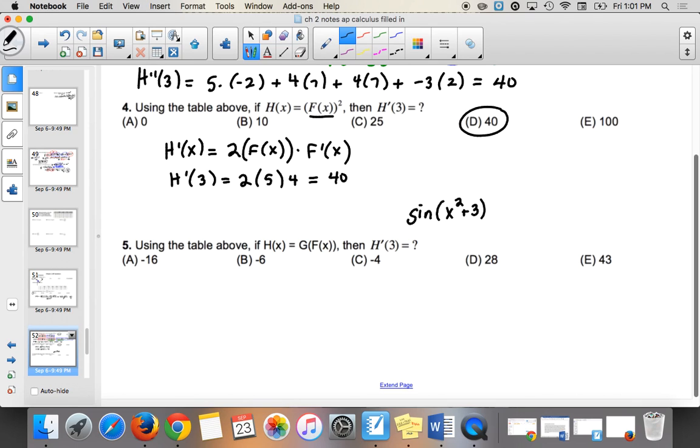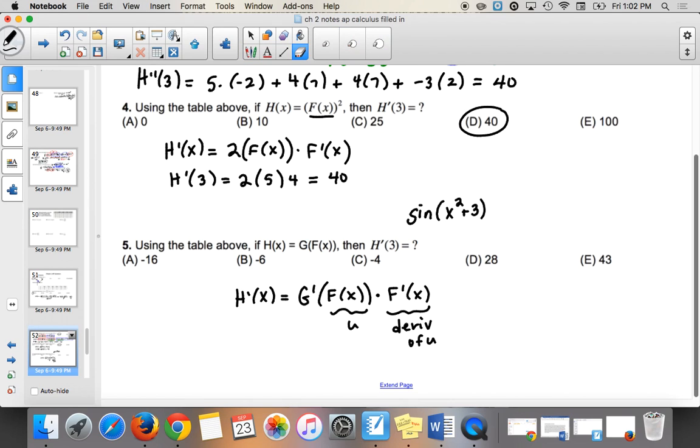Its derivative is going to be cosine of x squared plus 3. The u part stays the same, times du. So h prime is going to be g prime of the u part staying the same, so f of x, that was our u, and then times f prime of x, that was our derivative of u. Does that make sense? Did you guys get that?